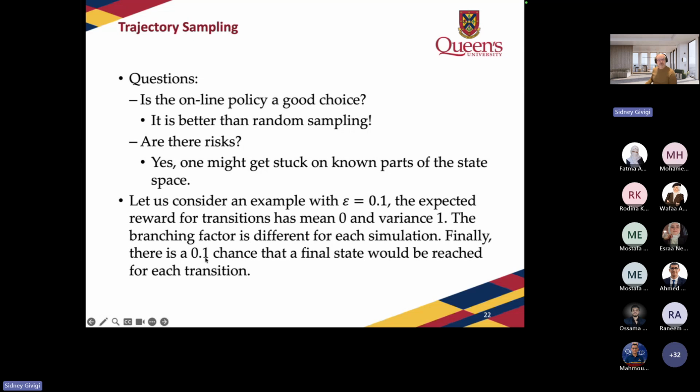Also, there is a probability of 10% that we are going to reach a final state in each transition. And then, based on the number of branches that we are going to have, we see how trajectory sampling is going to be more efficient, okay?